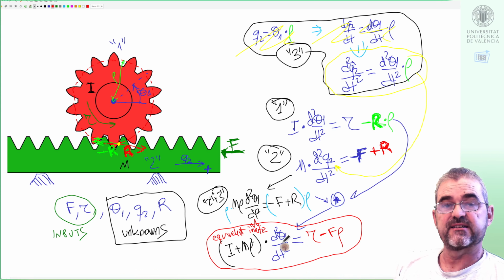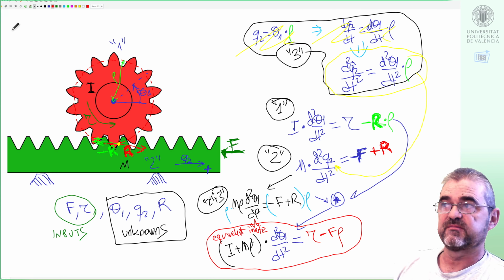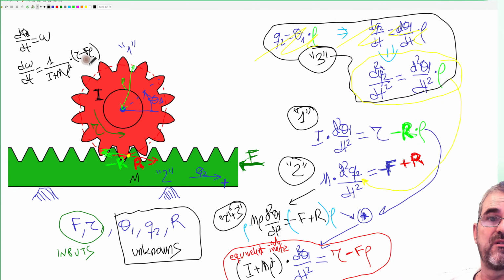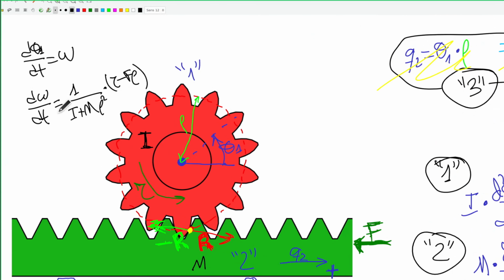So instead of a second order derivative, we'll express it as two first order differential equations, as say that the derivative of the angular position, I will call it angular speed omega, and the derivative of the angular speed is 1 over the equivalent moment of inertia times the equivalent resultant torque, which is tau minus f rho.